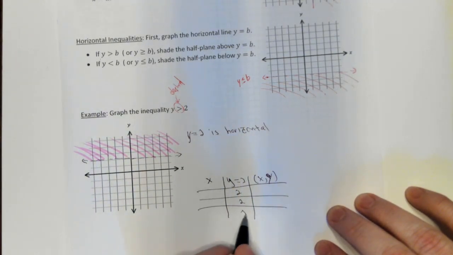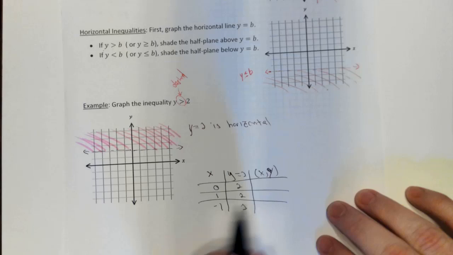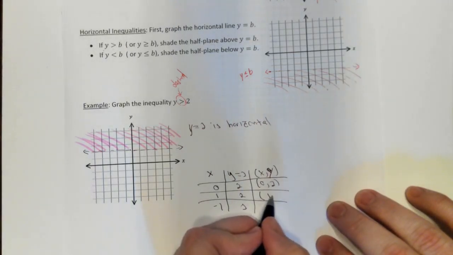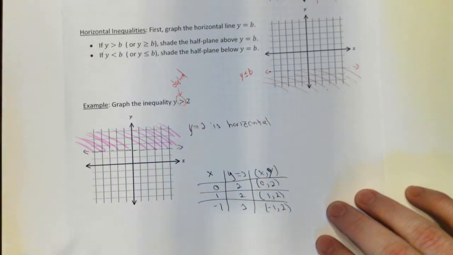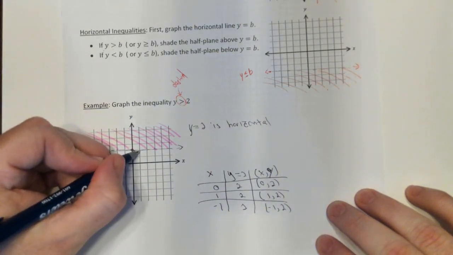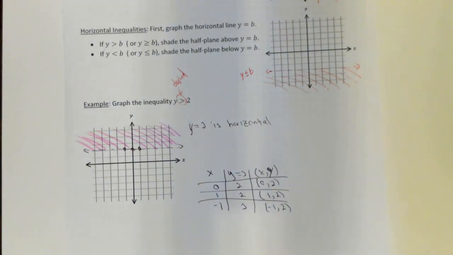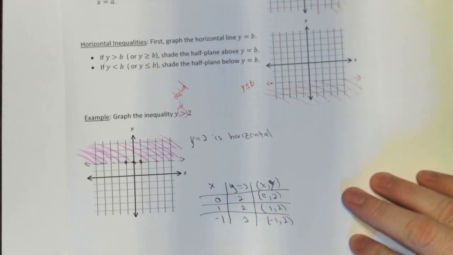And you can just randomly choose things for x. So I did 0, 1, and minus 1. That gives you the points (0, 2), (1, 2), and (-1, 2). So this part is not required, but if you get confused about your horizontal versus vertical, or mix those up, just draw the line, use a table if you need, and then you can apply what we learned up there.